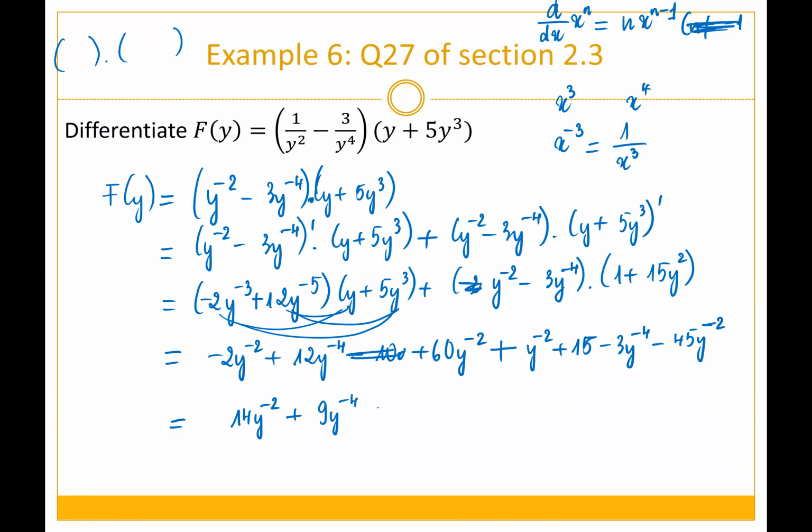Negative 4 plus 5, or 15. Wait, hang on, it's a 15. Didn't make a mistake anywhere. Oh, negative 10, we forgot. Right, that's 4, 5, okay. And then the last part. So now we can express it as 14 over y squared plus 9 over y fourth plus 5.